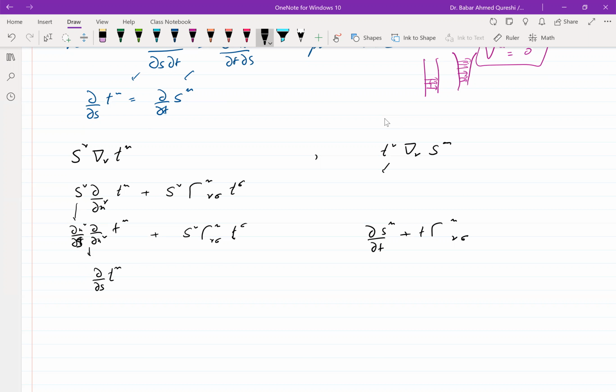Nu this time gets contracted with t nu and sigma with s sigma. So I'm going to see if they are equal or not. So this is just dx mu ds dt, and this is just dx mu dt ds. So they are indeed equal, these two terms, they cancel. This is just the partial property.